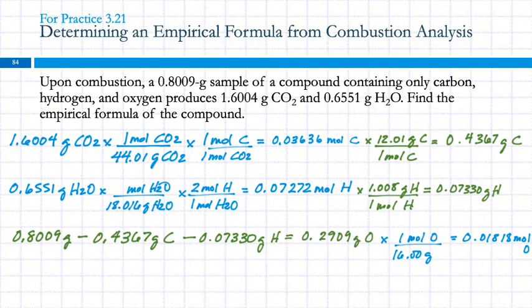So now I've got moles of carbon, moles of hydrogen, moles of oxygen. Now I can divide by the smallest, which is the 0.01818. So this one is going to give me 1.